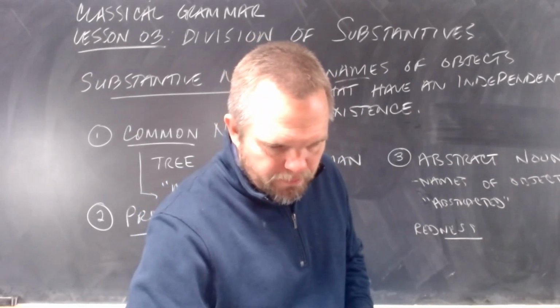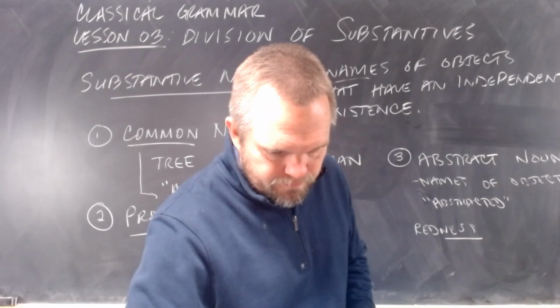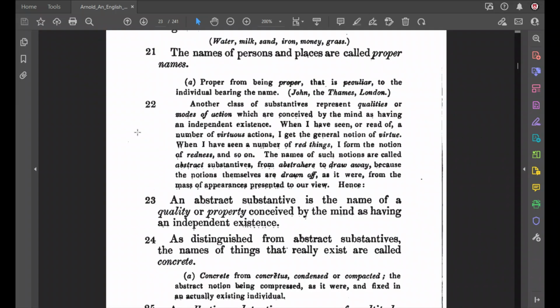Moving on to paragraph 33. An abstract substantive, the name of an abstract idea. An abstract substantive is the name of a quality or property conceived by the mind as having an independent existence. So let's write this definition in our notes, which is nice and clear.